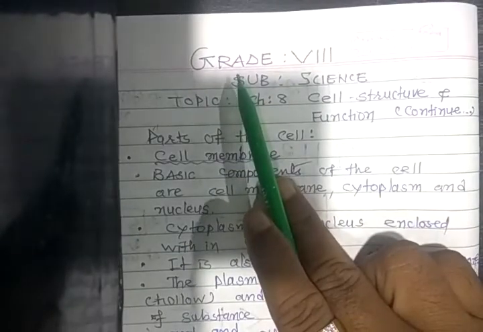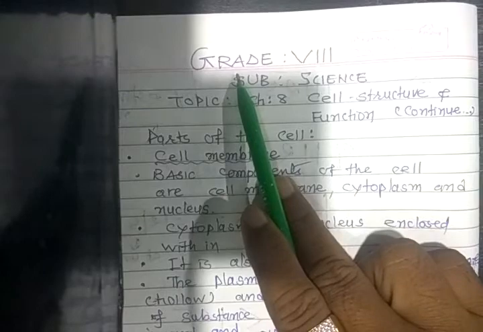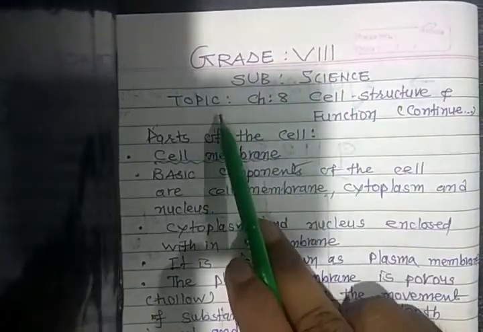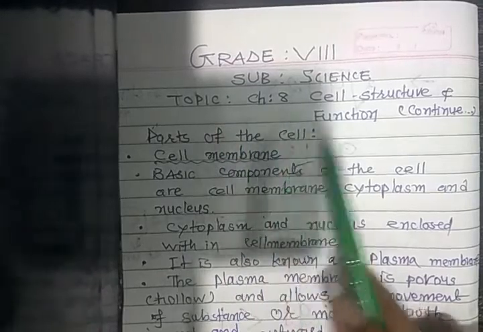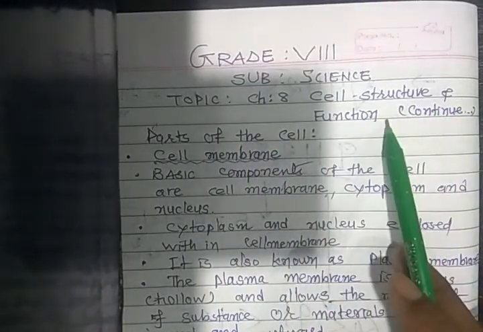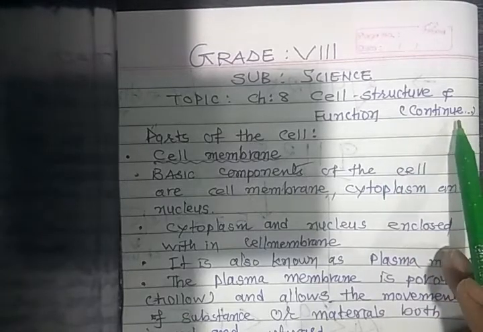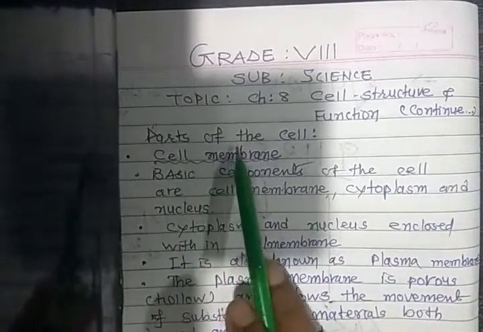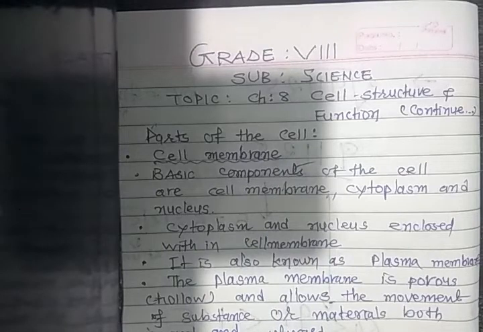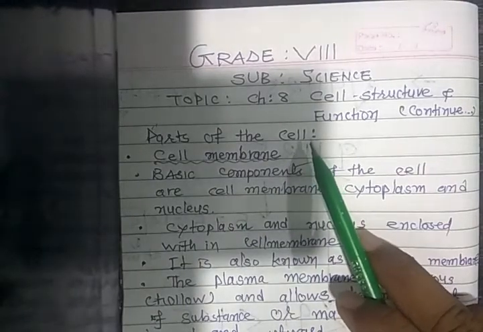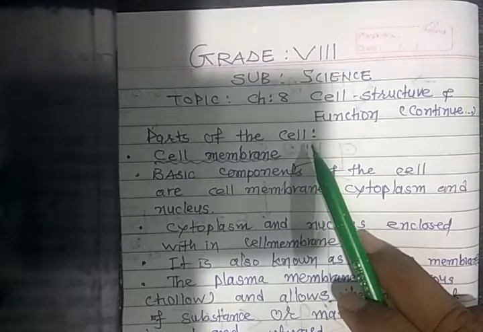Hello students, you are all welcome to grade 8 science, chapter number 8, cell structure and function, as it continues from parts of the cell. Now, the parts of the cells, as we have seen in the animal cell and plant cell.